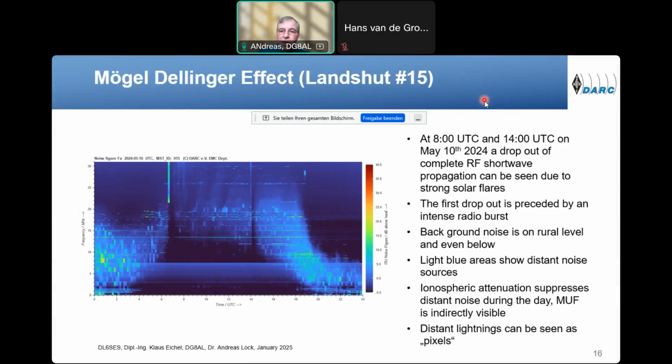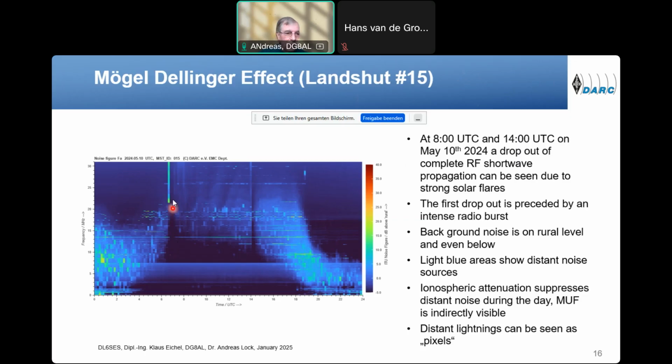So on 10th of May of last year, we had strong solar activities, and a little bit later, at 2 o'clock UTC, we had a complete shortwave dropout, which can be seen here, because the propagation was gone due to strong solar flares.